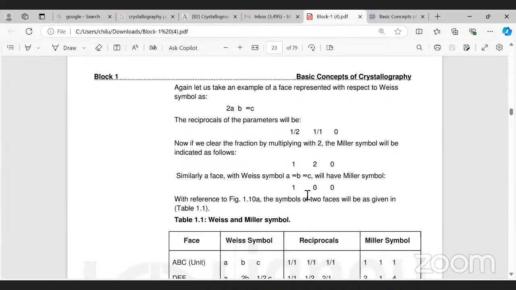There are some symbols given here to A, B, and infinity for C. The reciprocals of the parameters will be, maybe if A is 1 by 2 and B is equal to 1 by 1, it is intersecting 1, and A is intersecting 2 axes. So 1 by 2, and for B and C it is infinity, so it is given 0 for that.